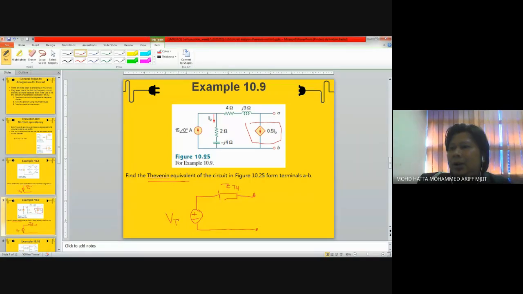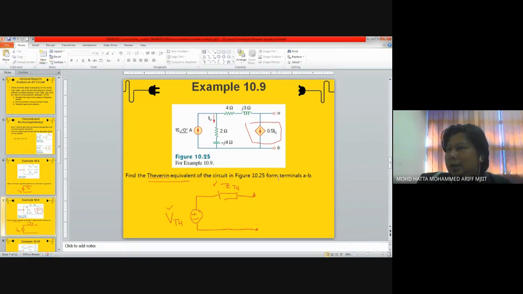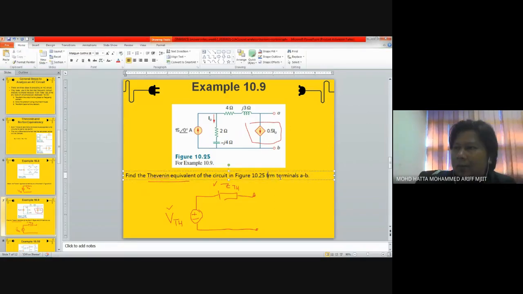Our main objective is to find these two values and draw this circuit. According to the question, find the Thevenin equivalent circuit. Okay, typo error, it should be from terminal A and B.